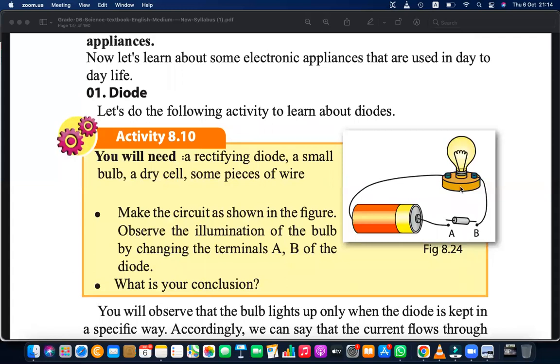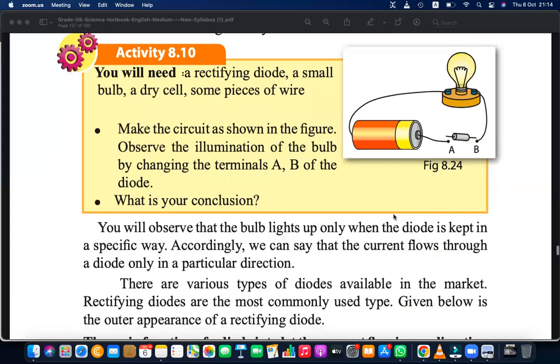When you connect the diode to A and B, you can observe that sometimes, if it blocks the current, you connect it the other way.